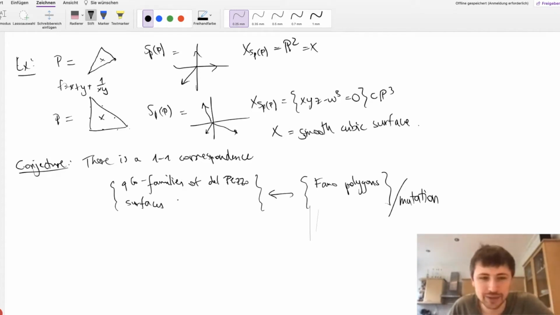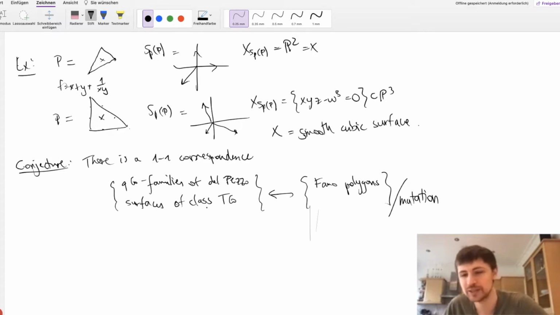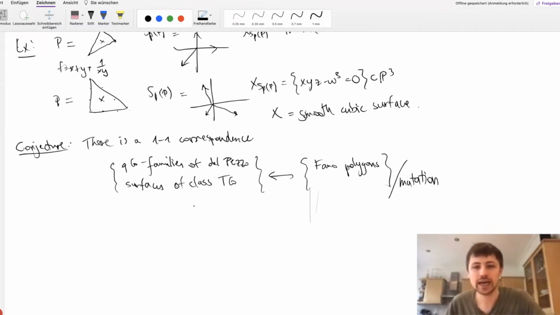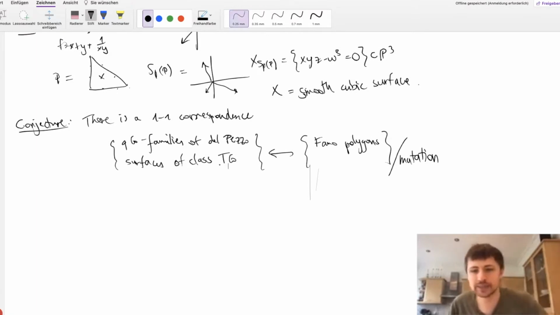So the easiest thing is to put that inside here: Del Pezzo surfaces which admit a toric degeneration. That's as much as I'm going to say about it. There are some other technicalities, but roughly that is the picture.